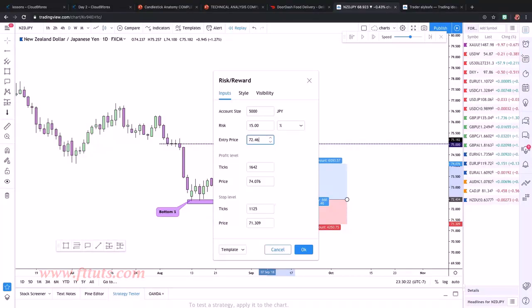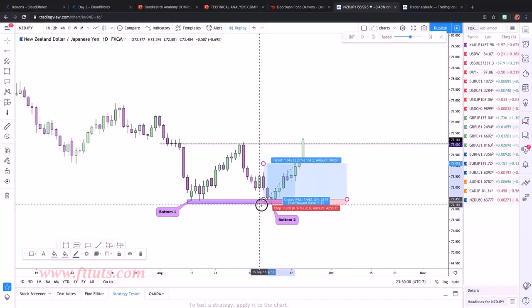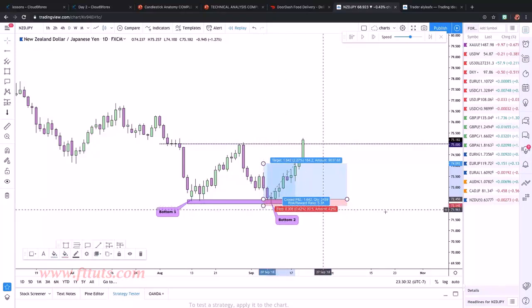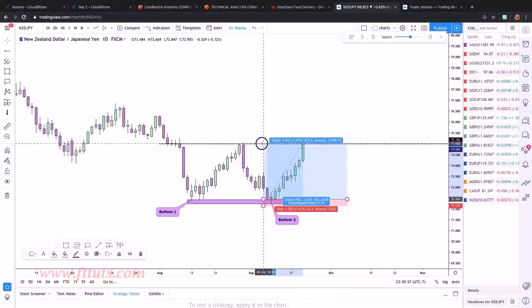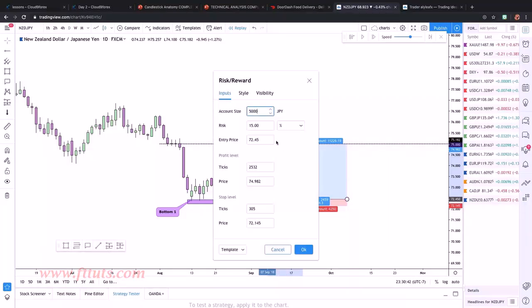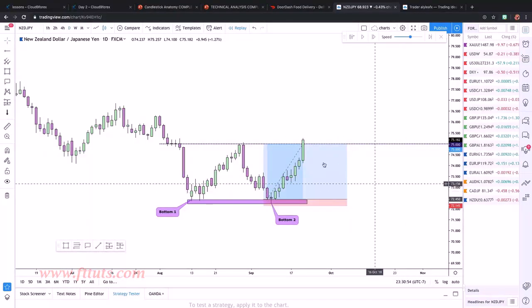So our entry price is 72,465, or let's put 450. So a 30 pip stop loss to make 253 pips. Again, we're just going to round this to 75. So risking 30 to make 255 pips. Amazing risk to reward.